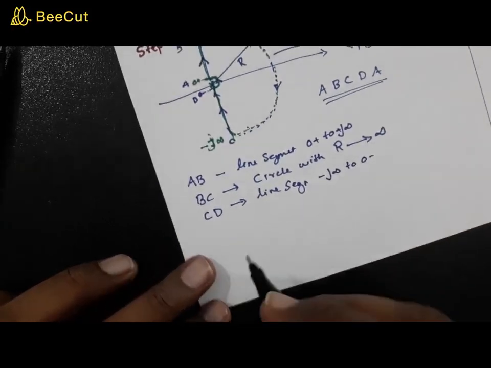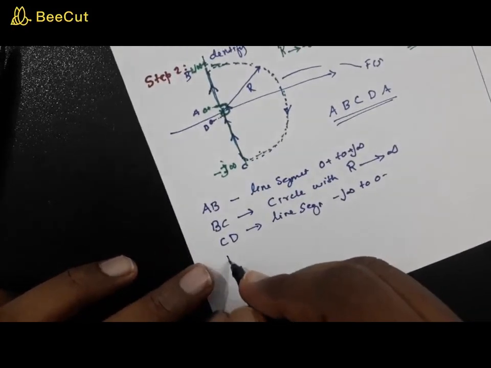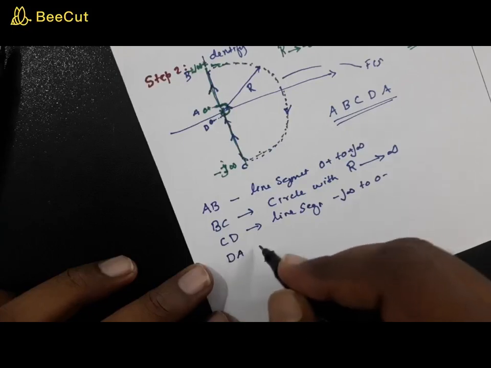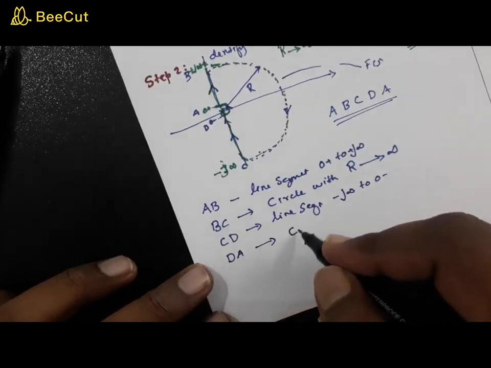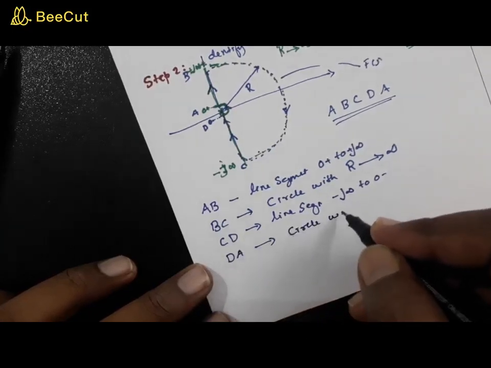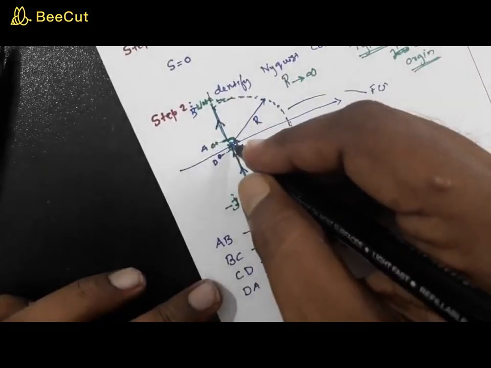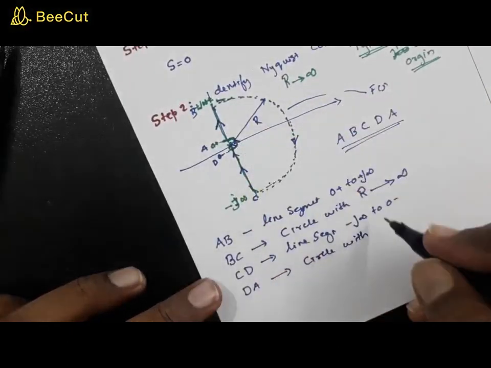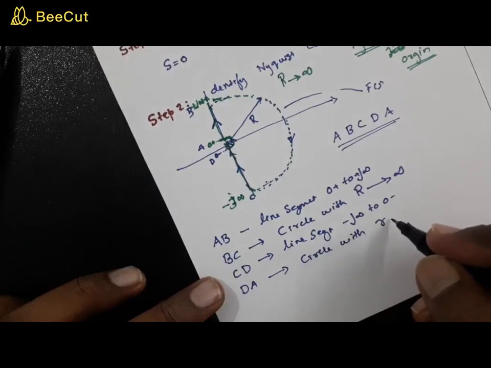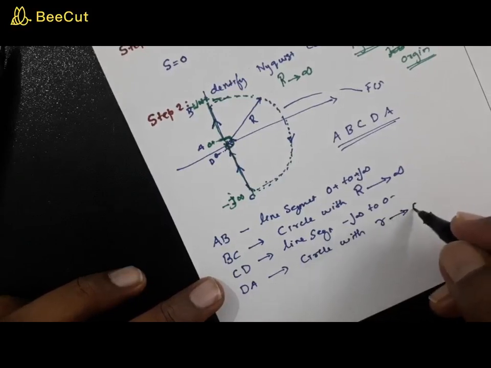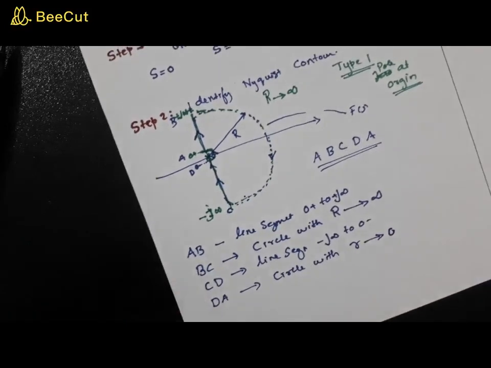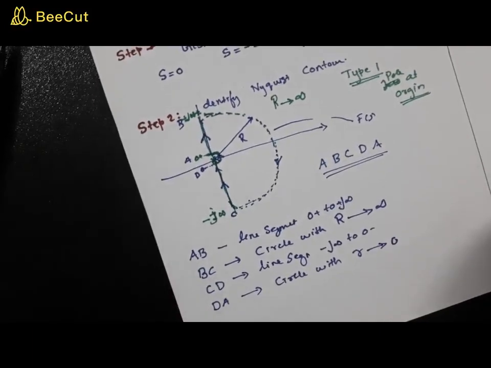Am I right? Then you have DA. And what is that? That is again a circle with small r. It has a radius small r, but that is very close to 0. So you have identified 4 different segments over here.